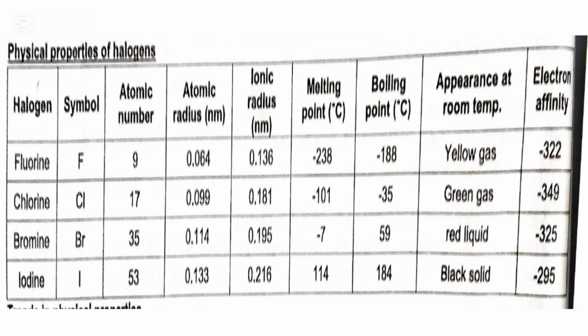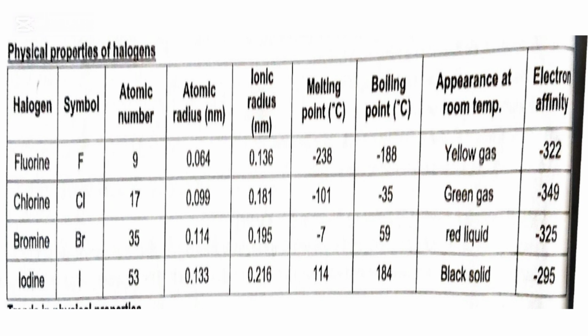The melting point for fluorine is negative 238, chlorine is negative 101, bromine is negative 7, and iodine is 114. Again, the melting point of halogens increases down the group.